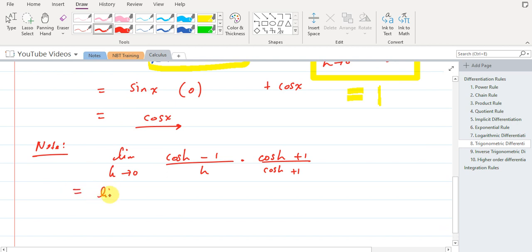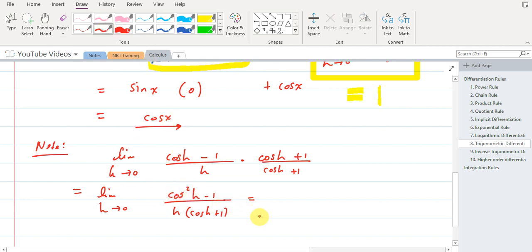So limit as h approaches 0 of cos squared h minus 1 all over h into cos h plus 1 is equal to, now I wrote sine squared h minus 1 but that is supposed to be cos squared. Why did I put sine squared? Should be cos squared h.